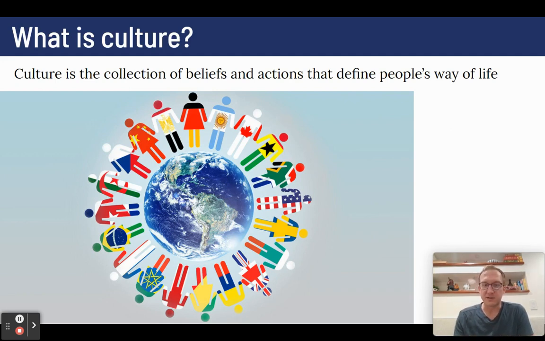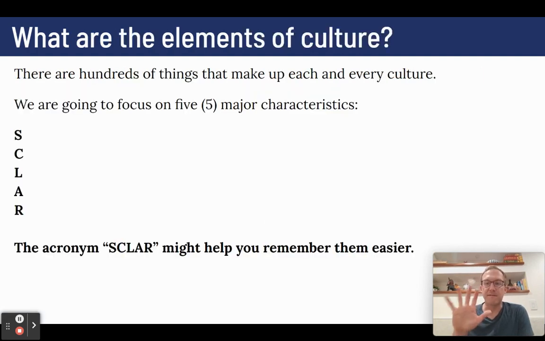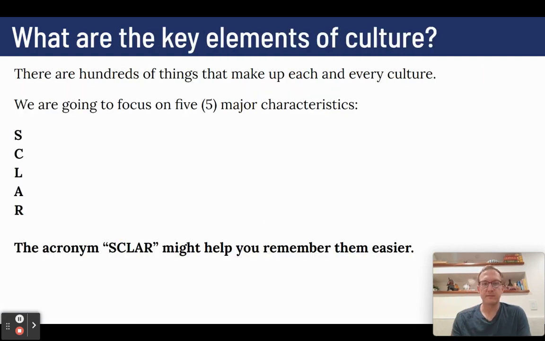So, in this, we are not going to have time, or really, it's not appropriate, reasonable or realistic to try and look at every single thing within the broad context of culture. So, we're going to focus primarily on five main things. And those five things, it can be useful to use the acronym SCLAR to help you remember them easier.